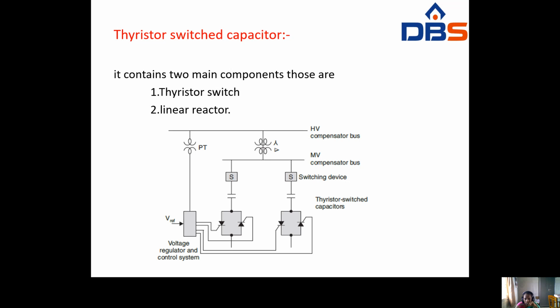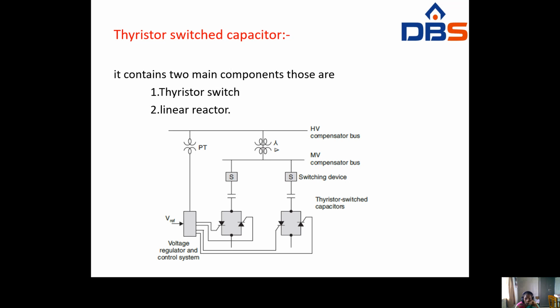TSC, the thyristor switched capacitor, will be placed here with a switch. In the HV compensation bus bar, the power transformers will be connected to the reference voltage regulator. This voltage regulator will be connected to the TSC.